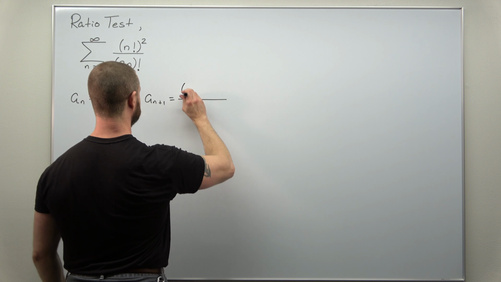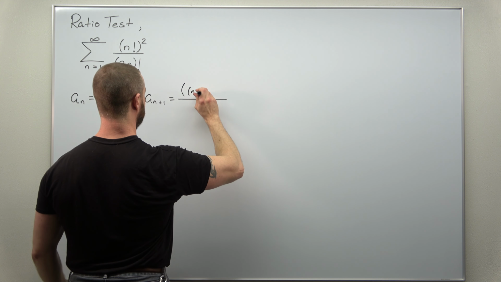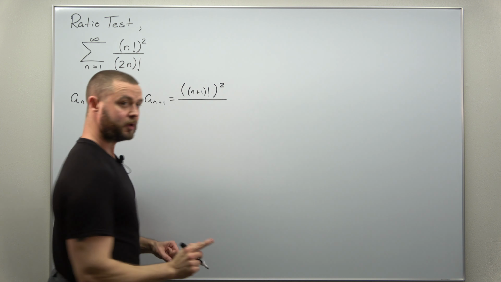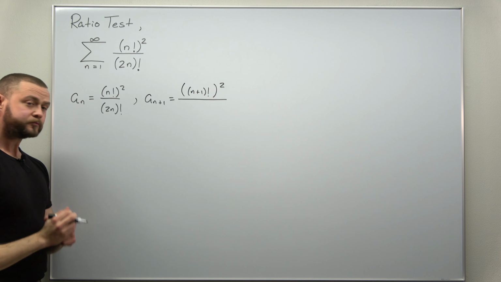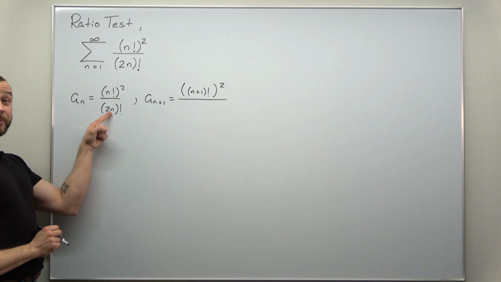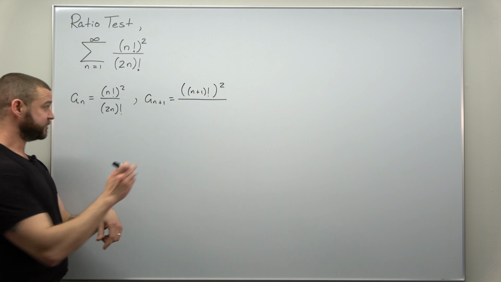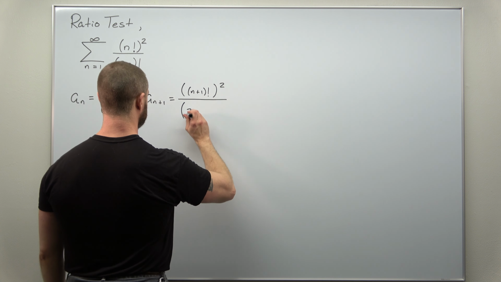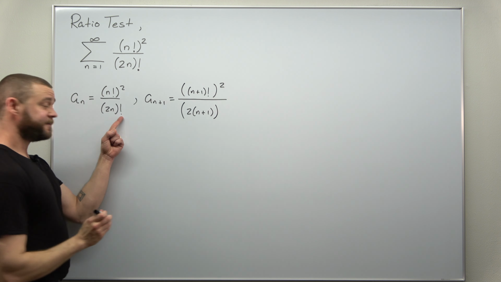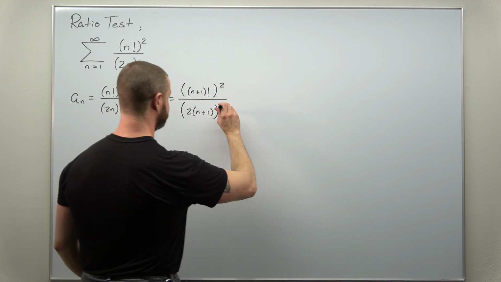So we get n plus 1 factorial, that's all squared. We're going to use parentheses also here, replacing that n with n plus 1, and we had our factorial on the outside of that.